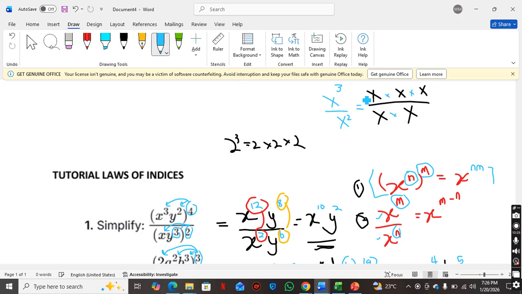Then just cancel out, and you're remaining with the power x. That's in case you forget this quotient rule where you're dividing the same base, you can just use the simplistic rule. The only problem is that when you're dealing with bigger powers or bigger indices, you have a lot to write.